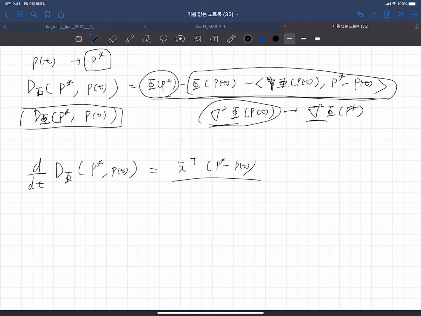So every time, our derivative of this Bregman divergence between the true optimal solution and the current point does not depend on the pi function, the regularization shape, which means our convergence speed only depends on the initial diameter. So that is also very interesting.